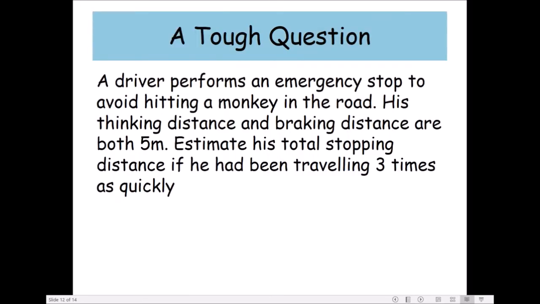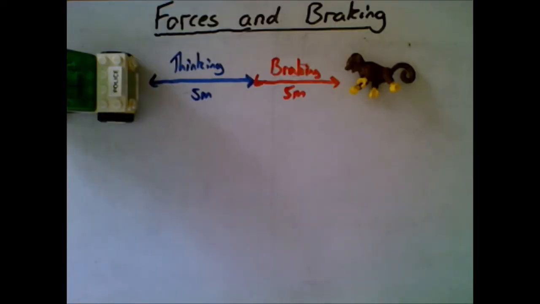So a driver performs an emergency stop to avoid hitting a monkey in the road. It's another really common situation. His thinking distance and braking distance are both 5 metres. Estimate his total stopping distance if he had been travelling 3 times as quickly. Right, here's the situation then. There's our car.